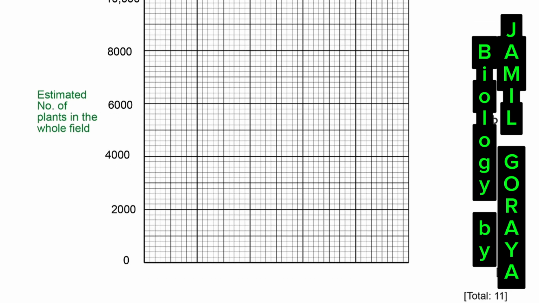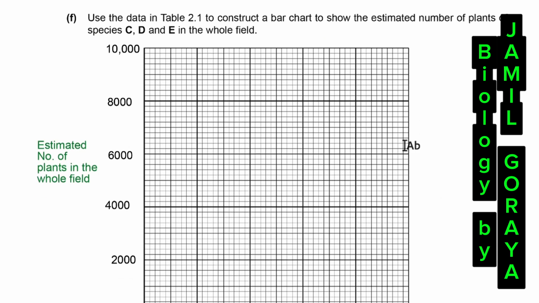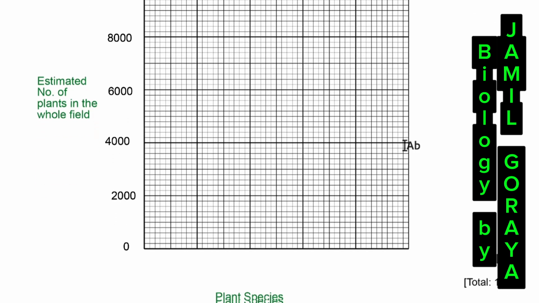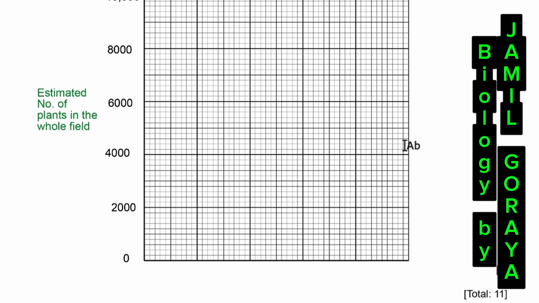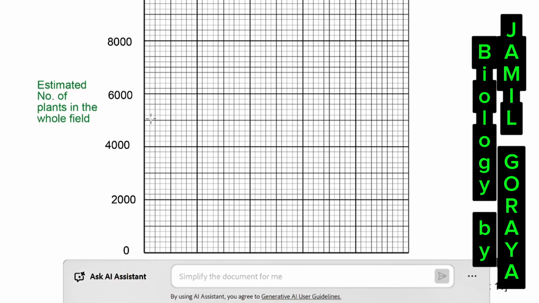Now, for the first bar, look at the data. It is plant species C and value is 5600. So we just need to write C here. And for C, we will be making a bar. 5,600.